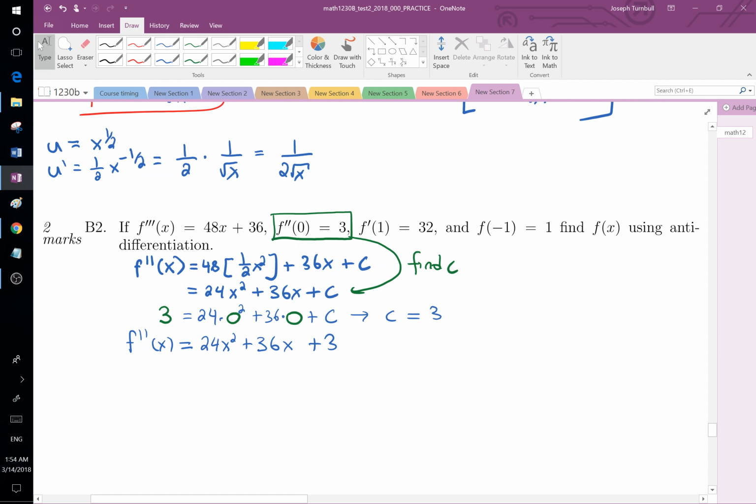Now we take the antiderivative again. f prime of x is equal to, take the antiderivative of x squared, we get 1 over 3 x to the 3. Let's multiply by the 24 in front. Take the antiderivative of 36x, we get 36 times 1/2 x squared. Take the antiderivative of 3, we get 3x, and we get a plus. You can call it c again if you want. I'm going to call it d.